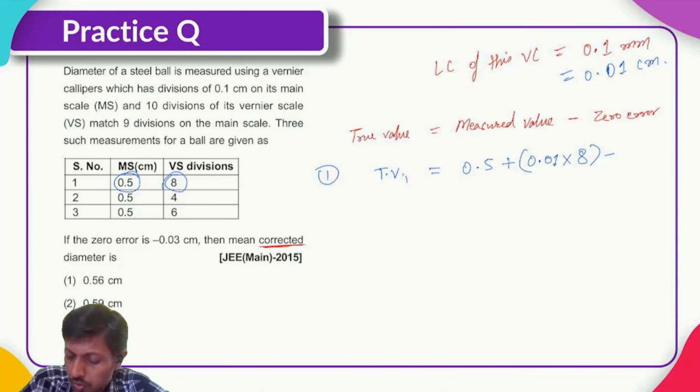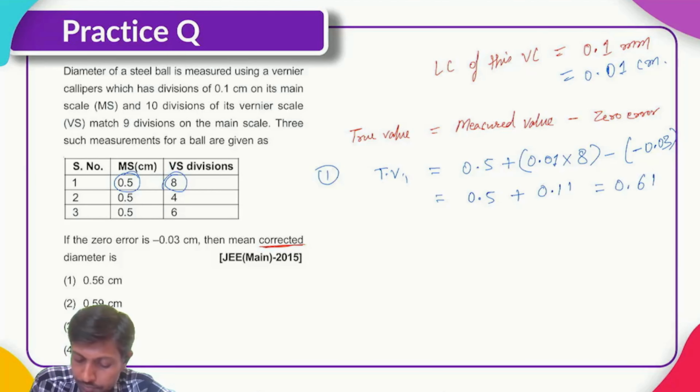Minus 0.03. So minus 0.03. This will give you a value. Similarly, you would calculate 2 other values for the other 2 readings. Let's quickly calculate this. 0.5 plus 0.08 plus 0.03. That is 0.11, which is equal to 0.61.